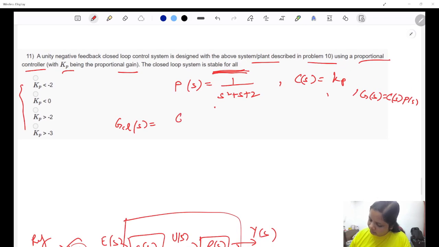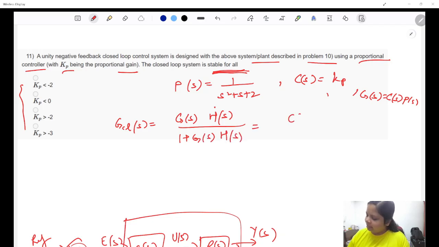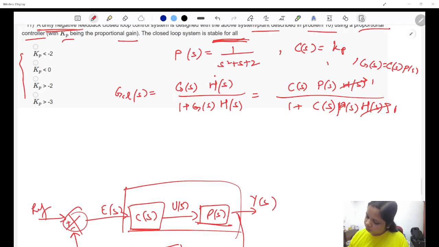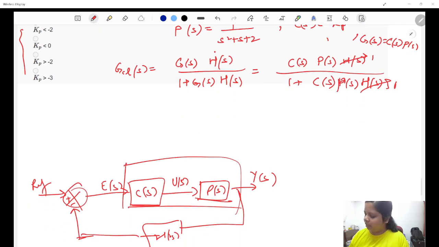So what happens here? GS into HS upon 1 plus GS HS. And what is GS? It is CS into PS into HS upon 1 plus CS into PS into HS. This HS is 1 because it is given unity negative feedback. So from here, what can you write? I'll erase this.